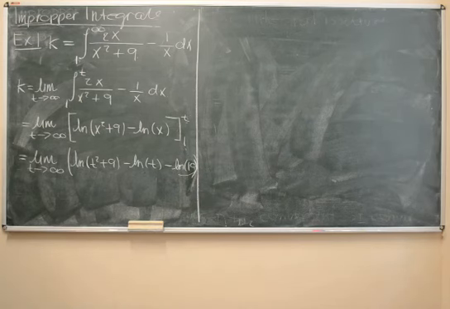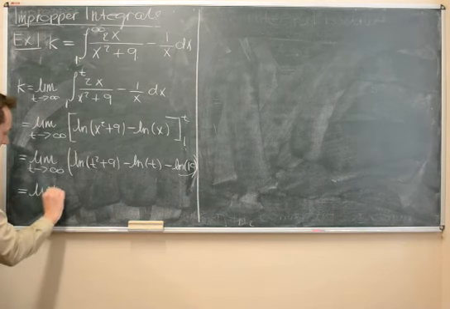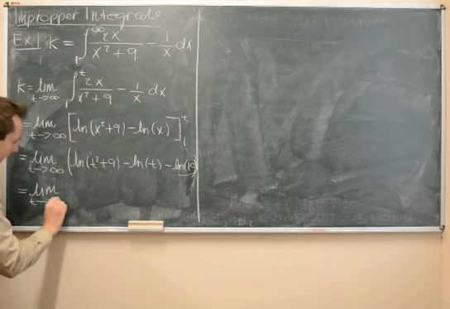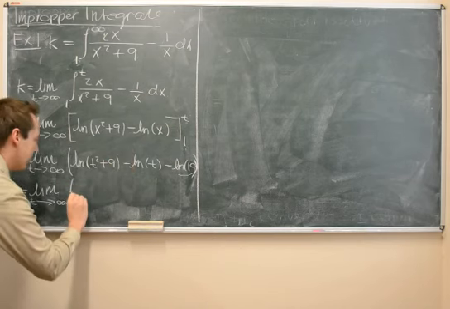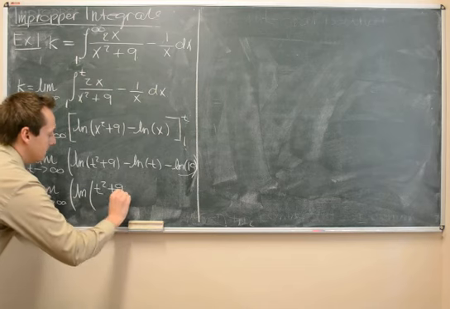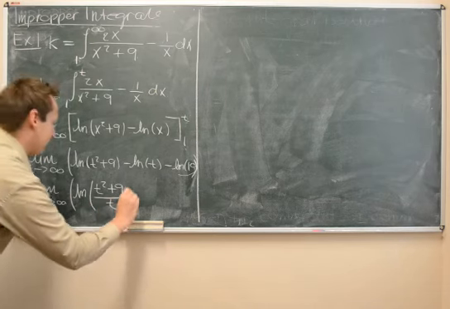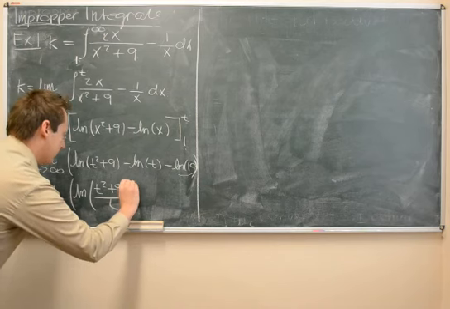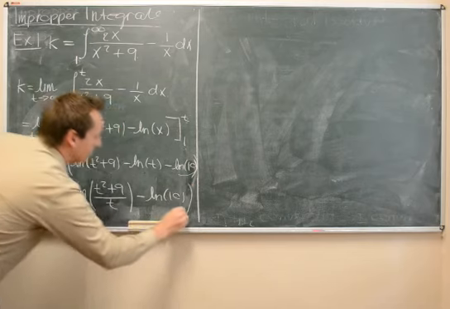In this case, it helps quite a lot if we apply our laws of logarithms to these two terms. So that's going to be ln of (t squared plus 9) over t, and that again minus ln 10.